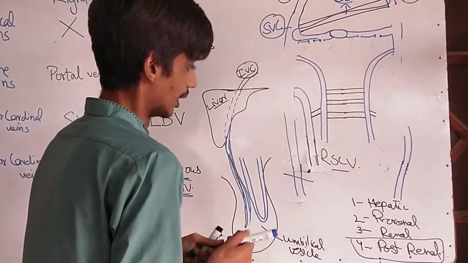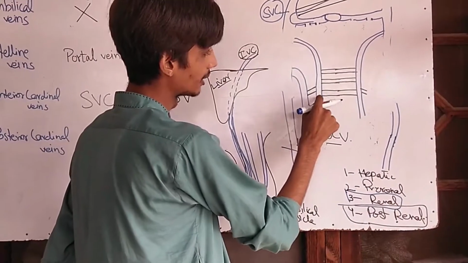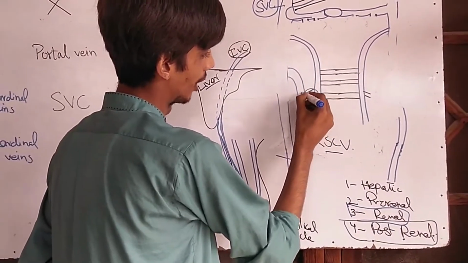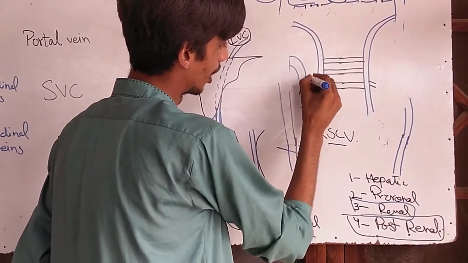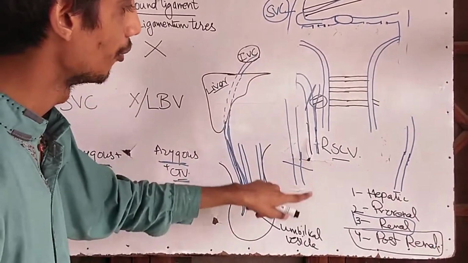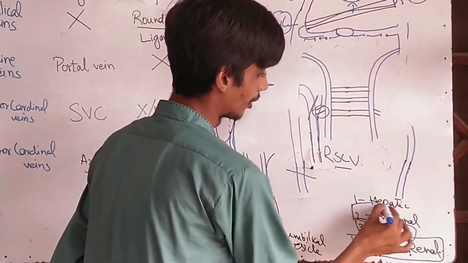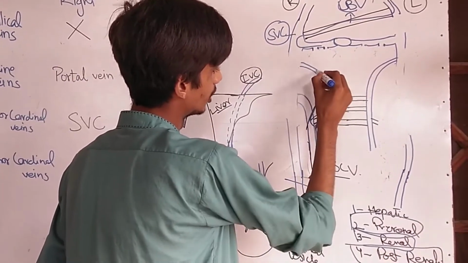Now, the renal segment will be formed by the supra- and subcardinal anastomosis, this part. So this is the first part and this is the second part. Fine. The third part, the pre-renal, will be formed by the subcardinal veins, these veins.